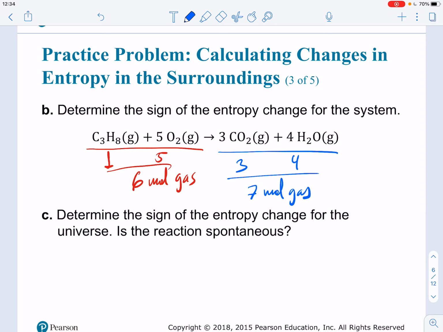Therefore, the entropy of the products, let's just use P, is larger than the entropy of the reactants, and therefore the change in entropy for the reaction is larger than 0.